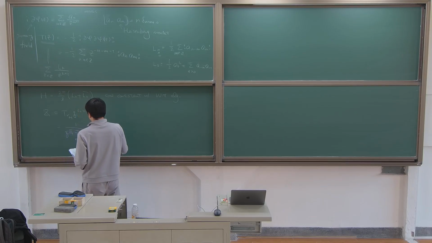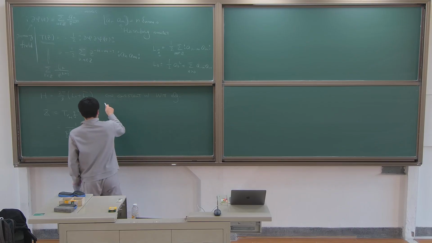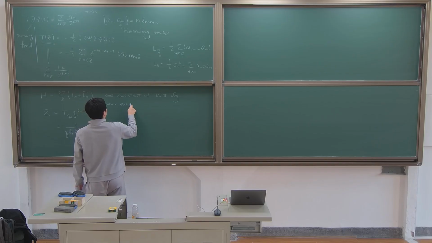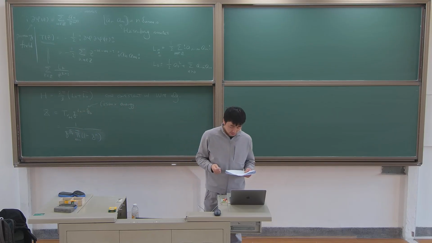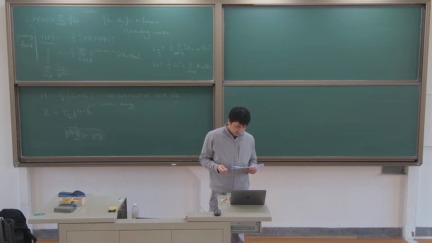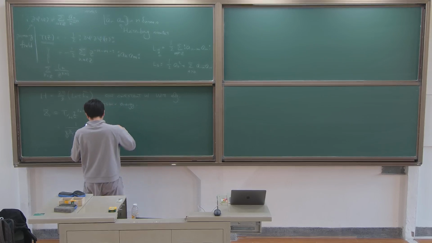And then the question is, what is this minus c over 24? This is actually Casimir energy. Okay, so that's what I'm going to explain.